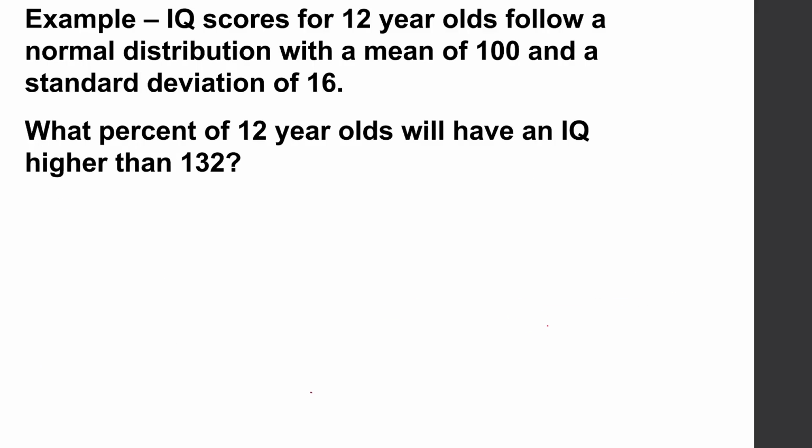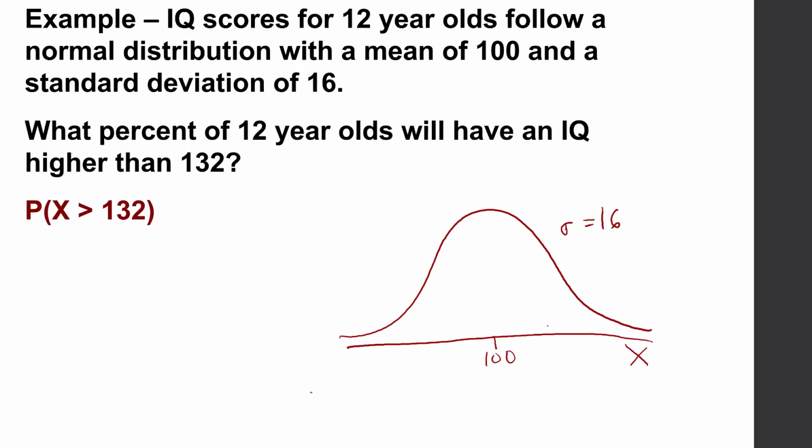So let's try another one. What percent of 12-year-olds will have an IQ higher than 132? That probability statement is the probability that x is bigger than 132. If we draw a picture of our distribution centered at 100 with a standard deviation of 16, we can shade in the area that we want to get. That is the area to the right of 132 because we want to look at the probability of being bigger than 132.